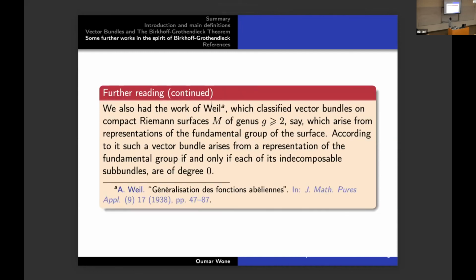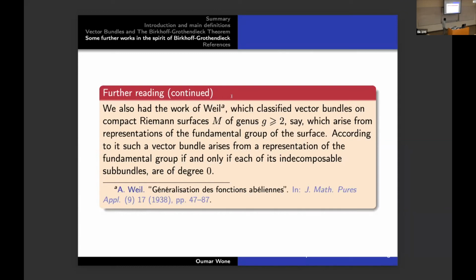We also had the work of Weil, and Weil classified vector bundles over compact Riemann surfaces of genus greater or equal to 2, which arise from representations of the fundamental group of the surface.